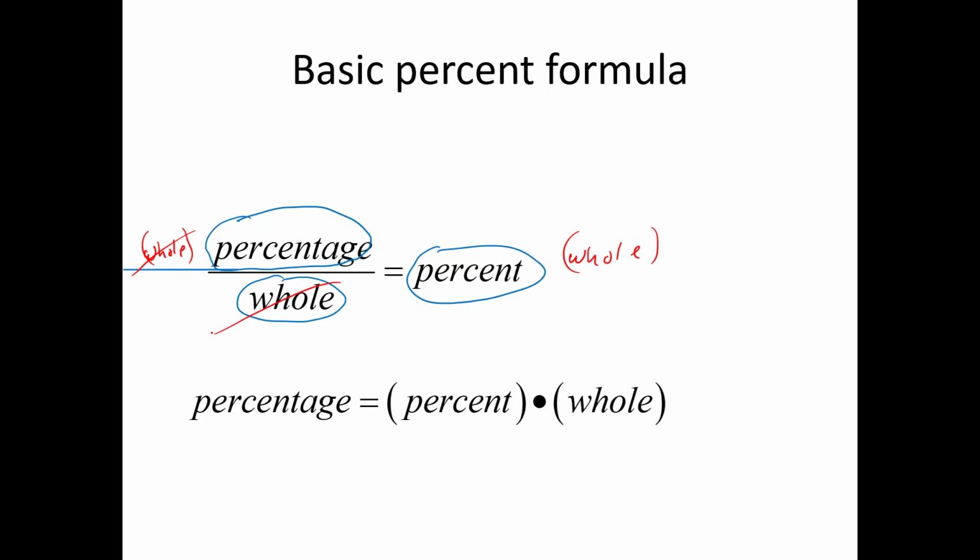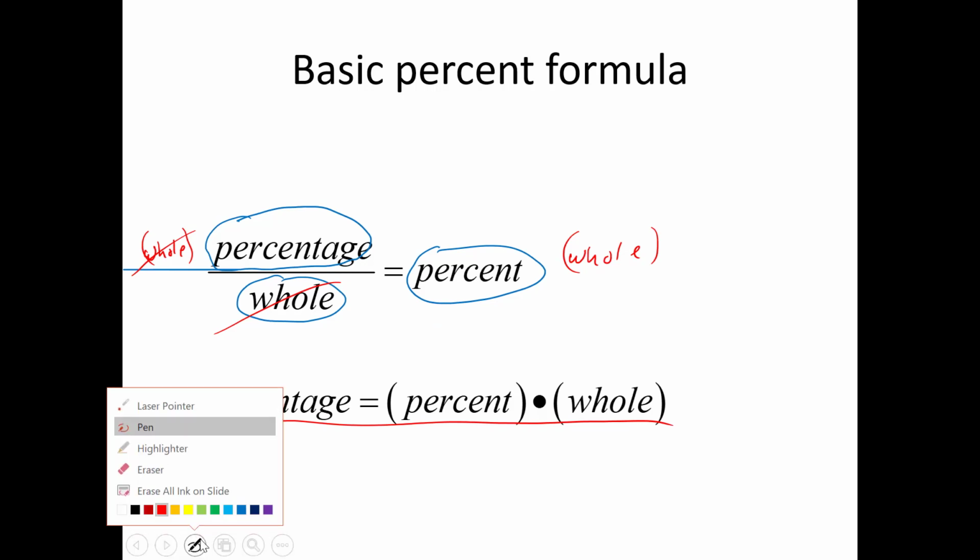This formula is better suited to figure out the percentage, the part of the whole that you were comparing to. So this formula is useful for calculating the percentage. You could do it up here as well, you could do it with this formula as well, but this formula is more useful for that. What you have to first identify is, is this a basic percent problem?